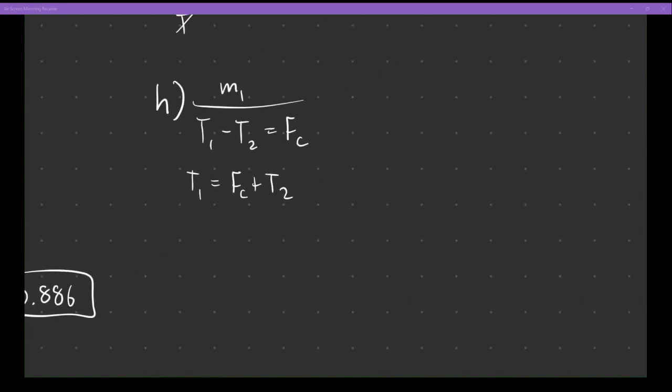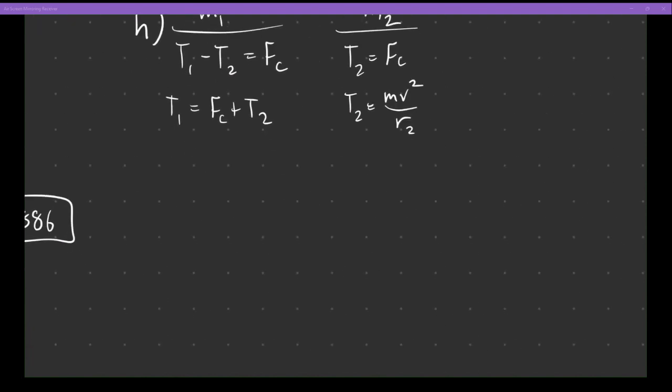And so now I'm going to set up the forces for M2. So this is just T2 equals F of C. So T2 is equal to mv squared over R2. Putting all these numbers in, for the second one, it should be 0.03 times 4 squared over 0.75. Putting that all in should get you 0.64, which is for T2.